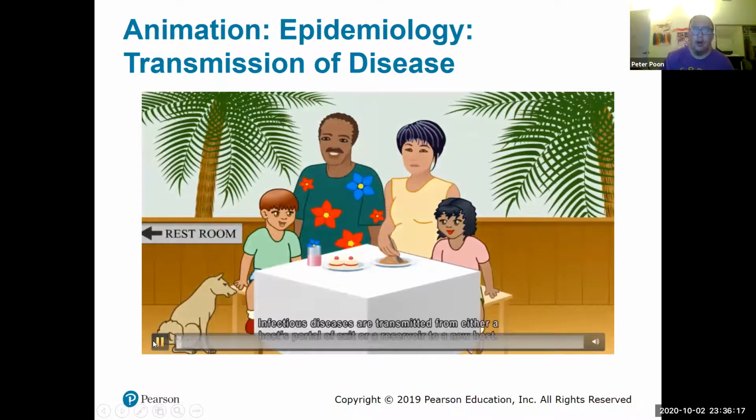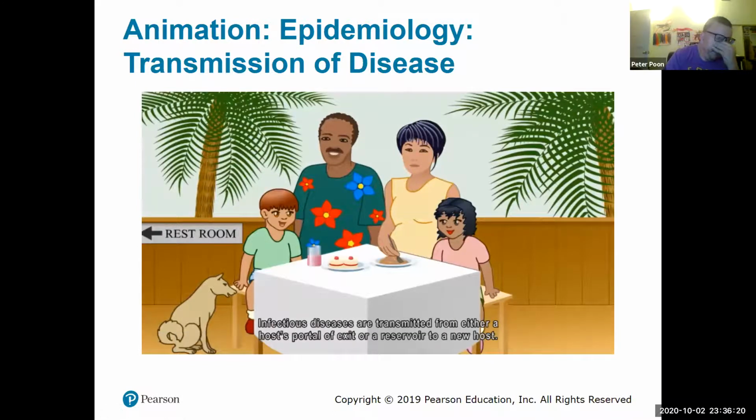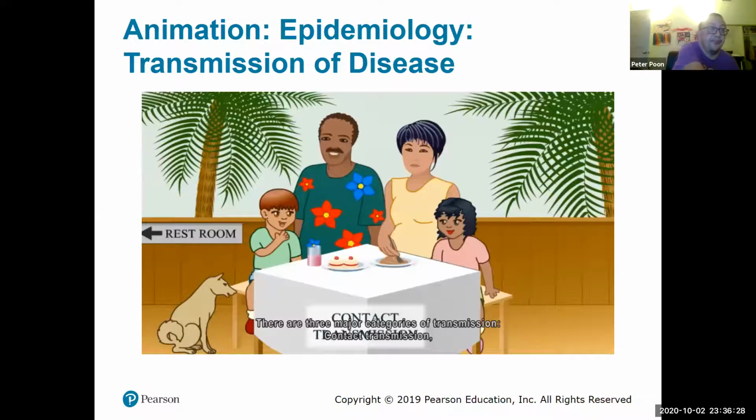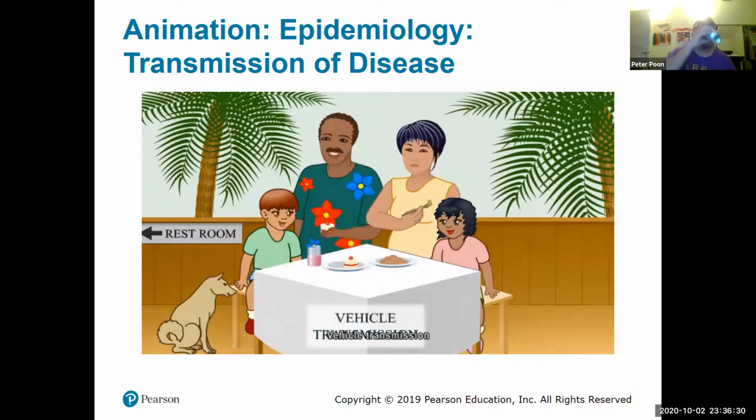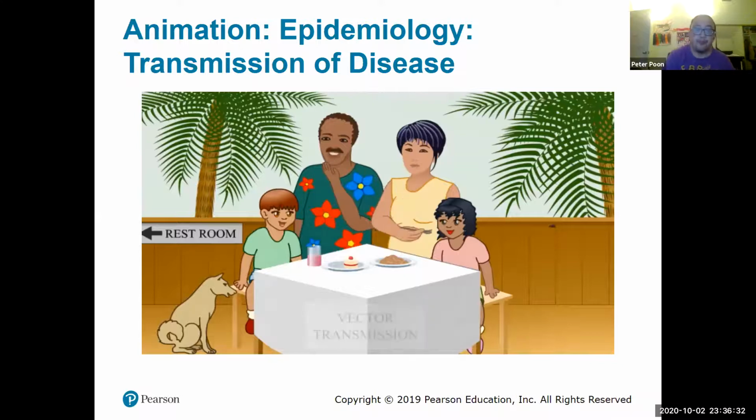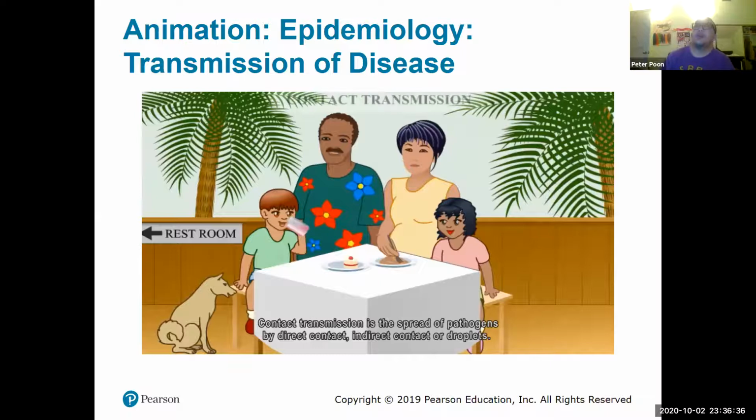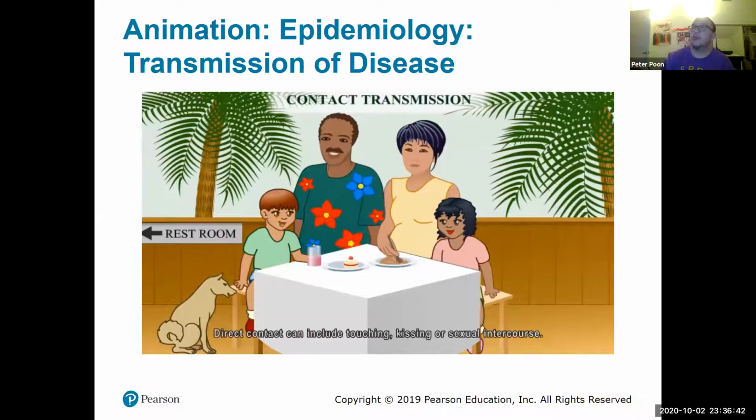Infectious diseases are transmitted from either a host's portal of exit or a reservoir to a new host. There are three major categories of transmission: contact transmission, vehicle transmission, and vector transmission. Contact transmission is the spread of pathogens by direct contact, indirect contact, or droplets. Direct contact can include touching, kissing, or sexual intercourse.